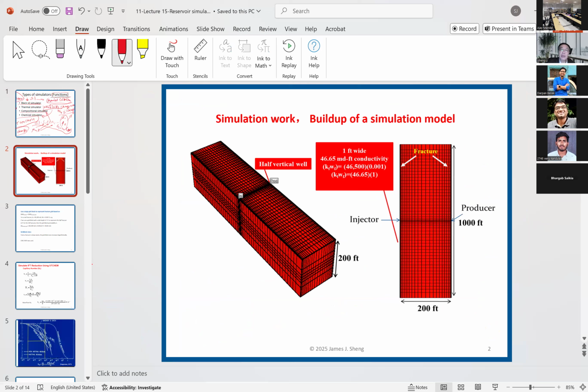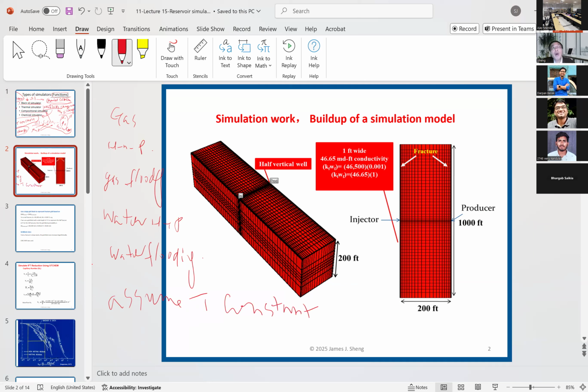I used this model to simulate gas huff and puff and gas flooding. We also simulated water huff and puff and water flooding. During all this process, we assume temperature is constant, so we do not need to use a thermal simulator.